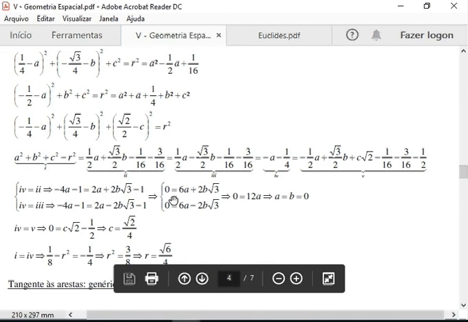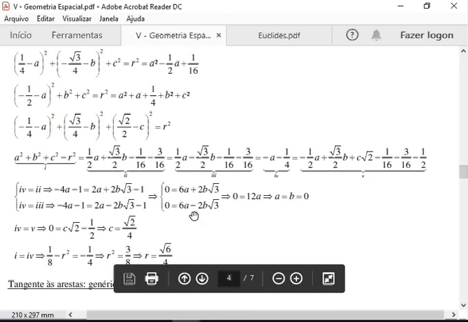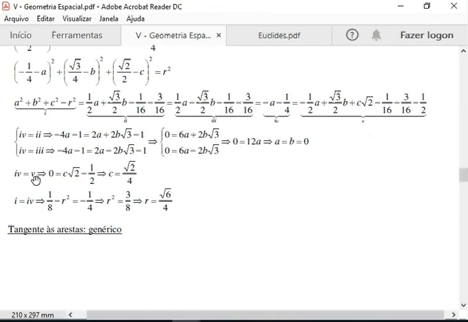Therefore, 0 is alpha a plus beta b, 0 is alpha prime a plus beta prime b, so a equals b equals 0. If 4 is equal to 5, then c is √2/4.